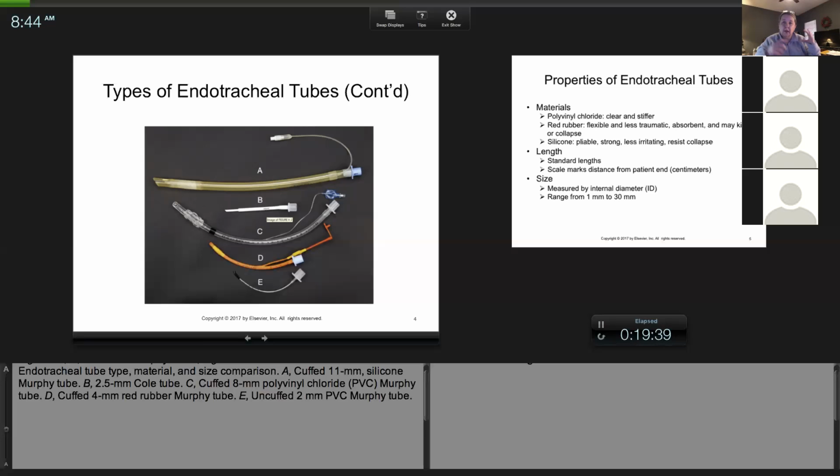So whenever you have a patient in surgery in a very odd position, you have to pay attention to the ET tube, because silicone resists collapse, but these definitely can collapse or kink, so you have to watch them closely.